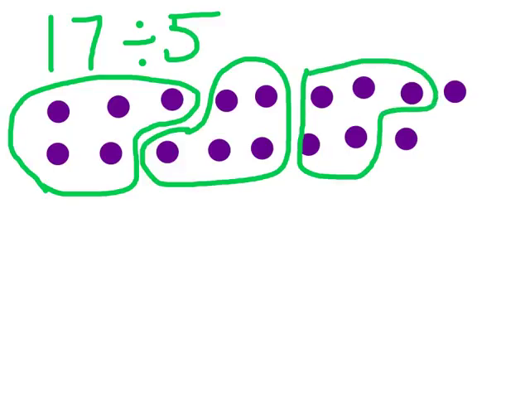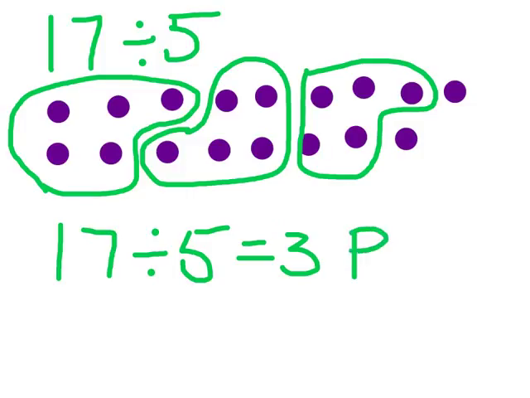So we've got 3 groups, and we see that there's 2 dots left over. So this shows that 17 divided by 5 gives us 3 groups with 2 left over. So just another strategy that you can use for division.